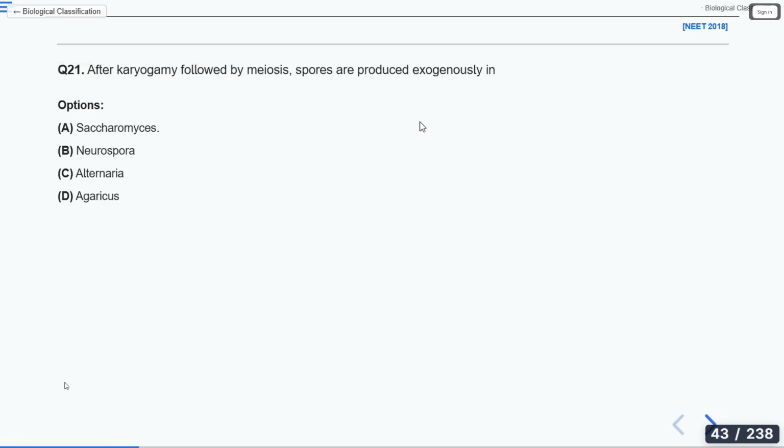What's the reason why you are telling option D? What kind of spores will be produced in Agaricus? Agaricus belongs to Basidiomycetes. So, what kind of spores will be produced? Basidiospore.